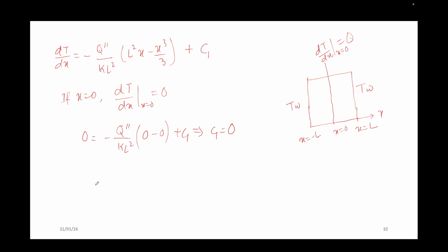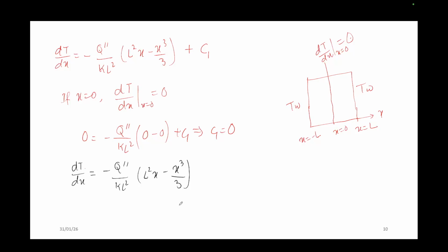So what will the equation look like? Above equation, I just write it with another color. So I get del T del x equal to minus q double dash by k, L square x minus x cube by 3, because this C1 is 0.